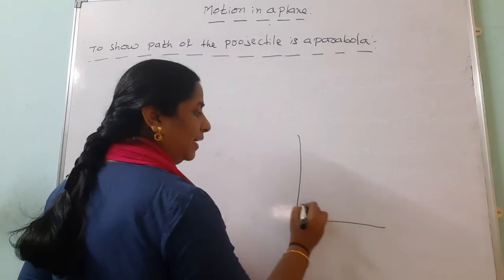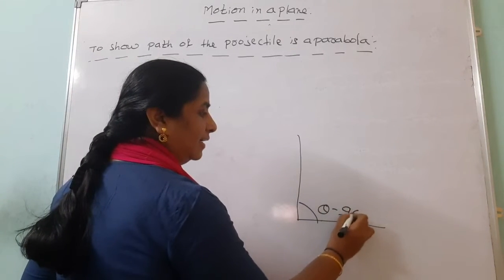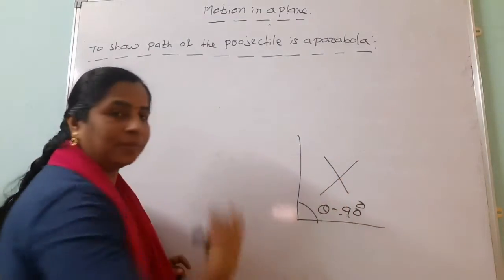How much angle does it make? Theta equals 90 degrees. We can't call this a projectile.